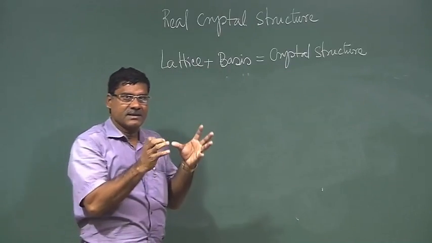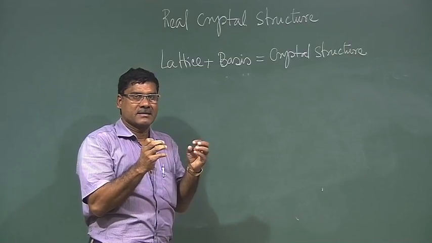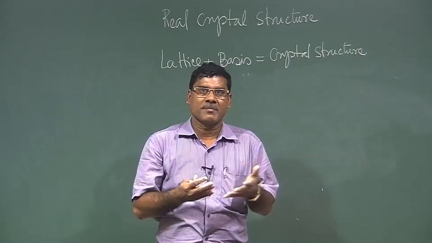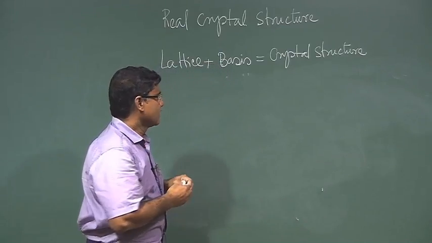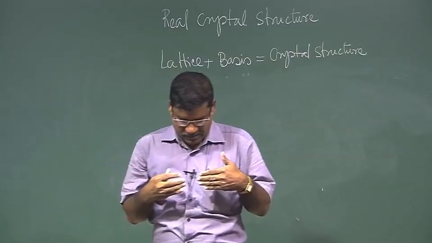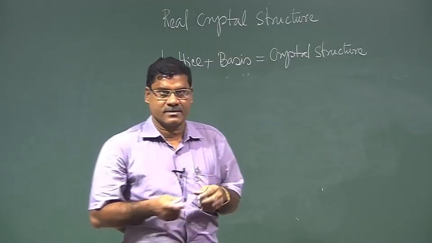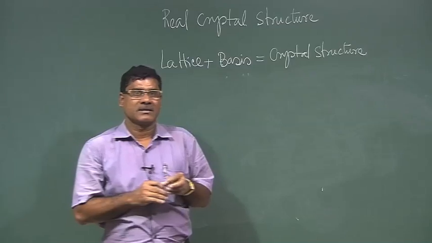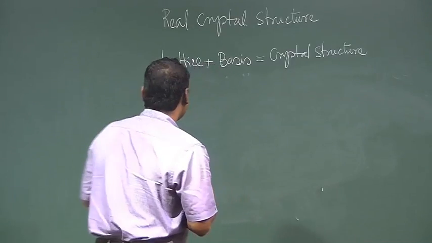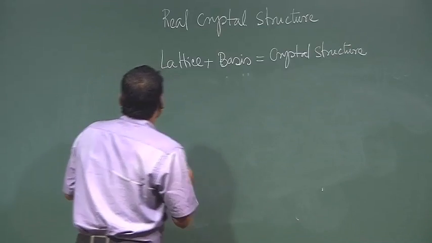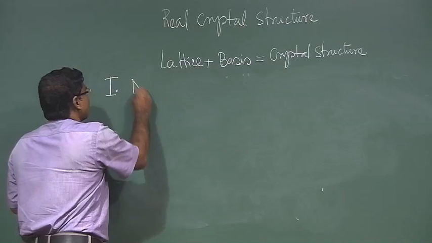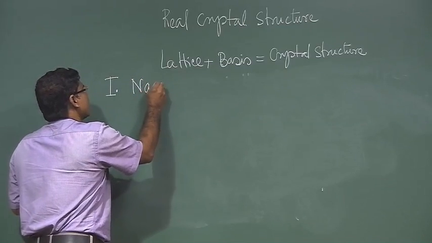This FCC structure, and these atoms are just sitting at the lattice point, that is fine. Apart from that, there are very famous and convenient structures, which we generally call by different names. I will discuss that. So, one is called the sodium chloride structure, sodium chloride structure.